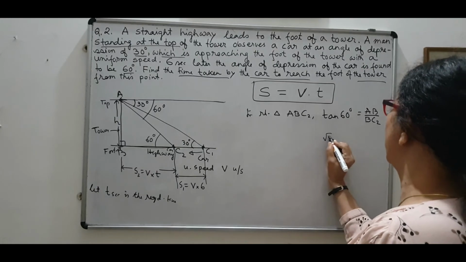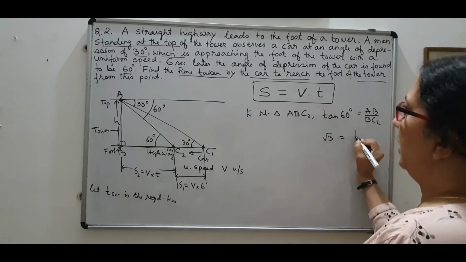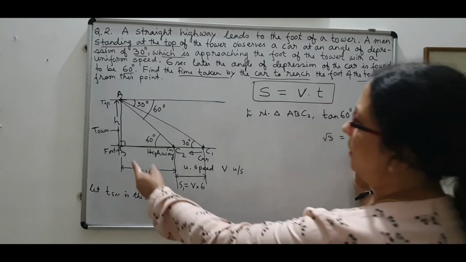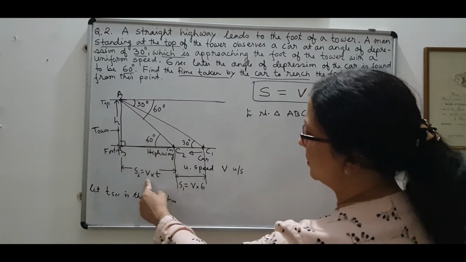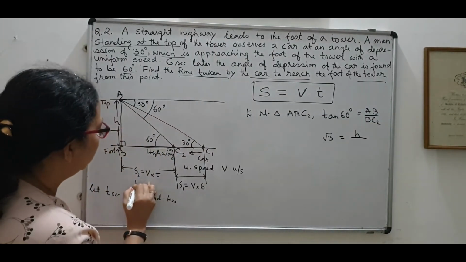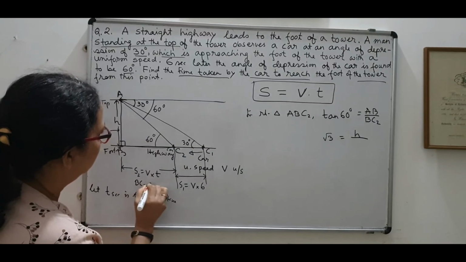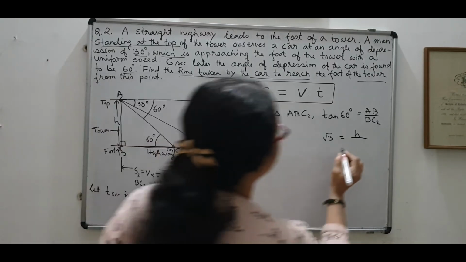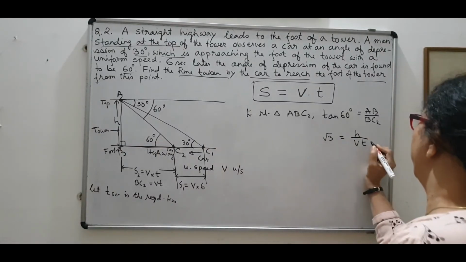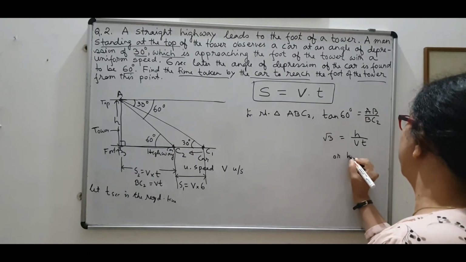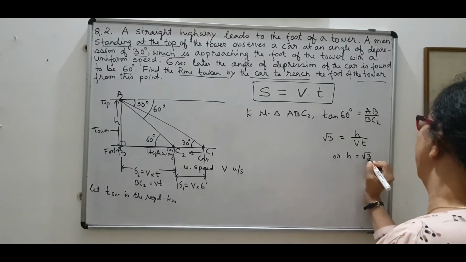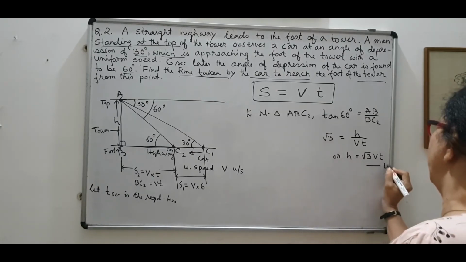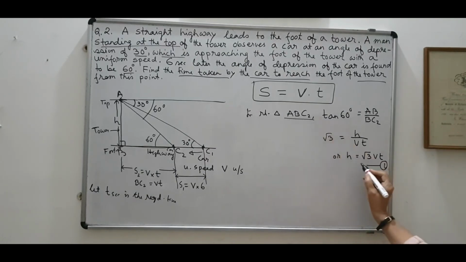So tan 60 is √3, and AB is h, and BC2 is found to be this. Let me write, this is BC2, actually vt. So h is equal to √3 into v into t, say equation 1.